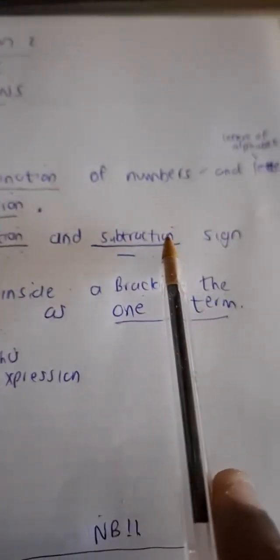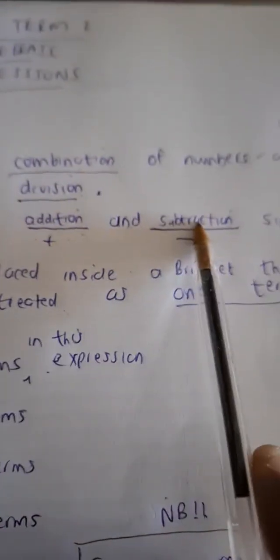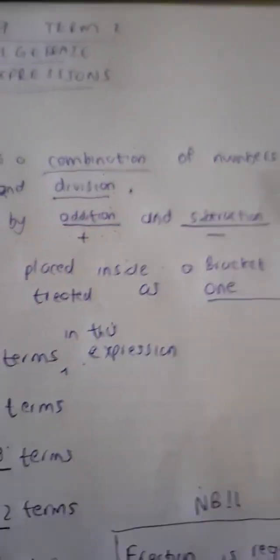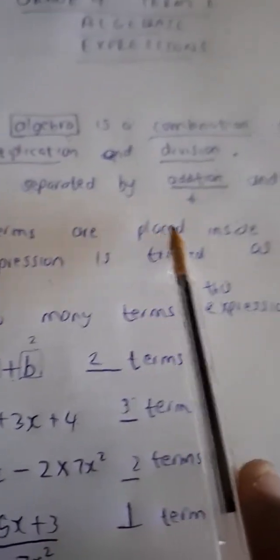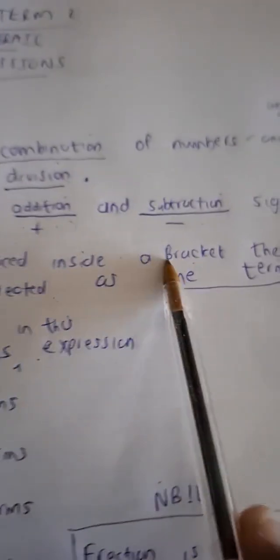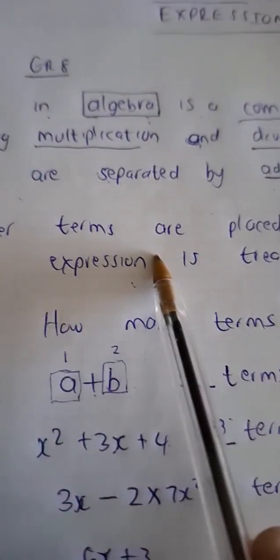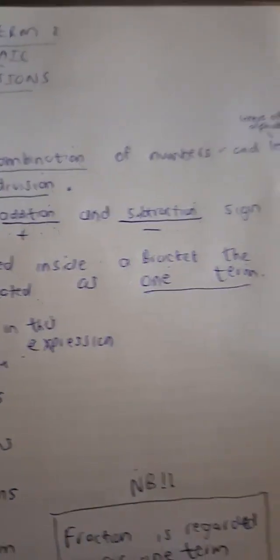Terms are separated by an addition and a subtraction sign, so plus and minus will separate terms. Whenever terms are placed inside a bracket, the entire expression is treated as one term.